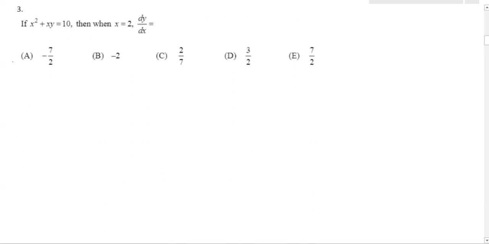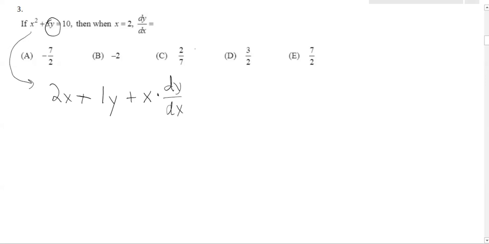Number three, if x squared plus xy equals 10, then when x equals 2, dy dx equals. So we're doing implicit differentiation here. The derivative of x squared is 2x plus, since we have a product of xy, we have to do the product rule. So the derivative of the first, which is x, is 1 times the second, which is y, plus the first times the derivative of the second.